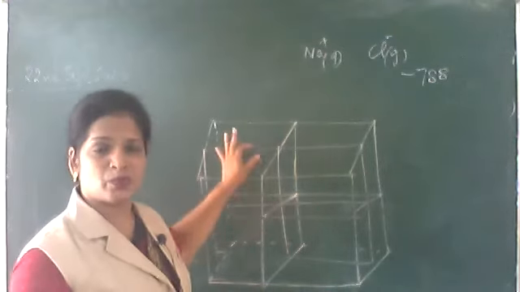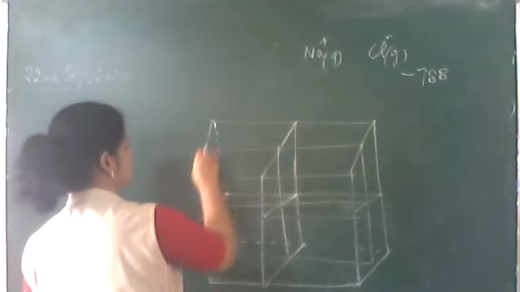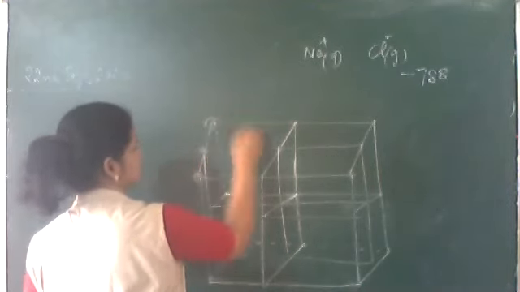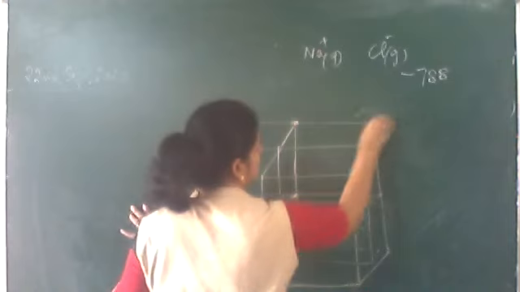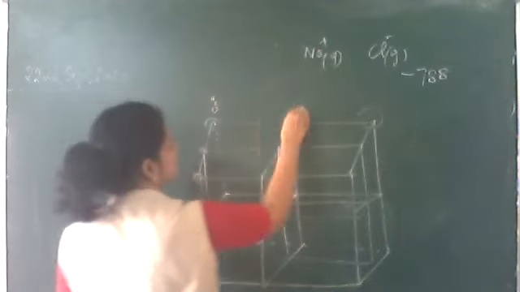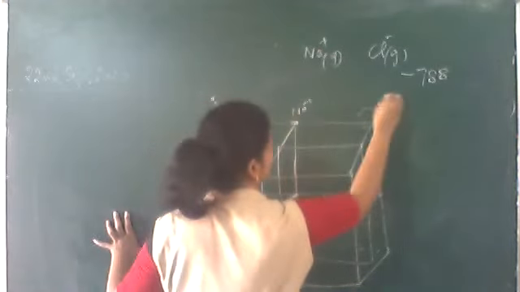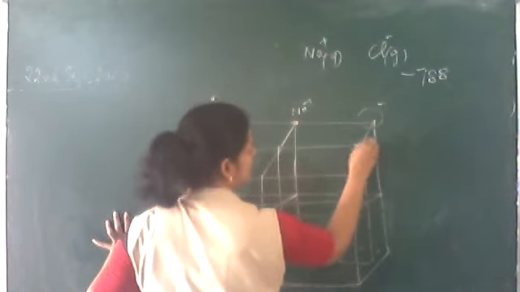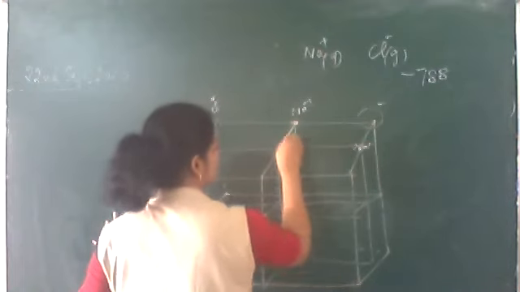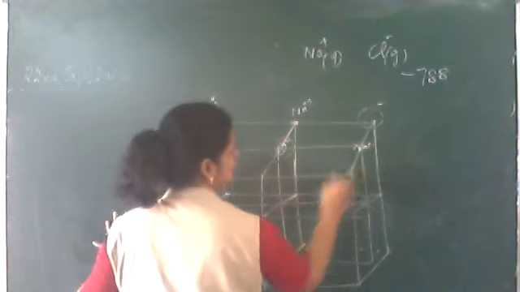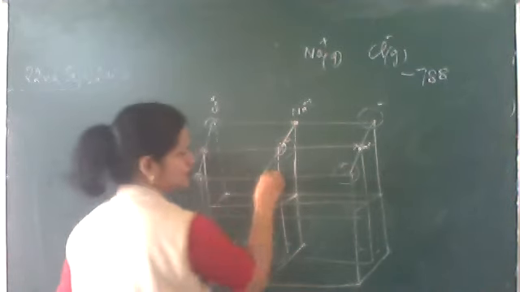each point, this point, this point, this point. This is Cl minus, Na plus, Cl minus, then Na plus, Cl minus, Na plus, like that.